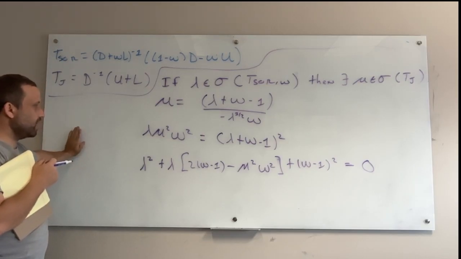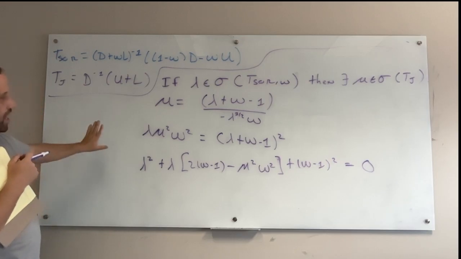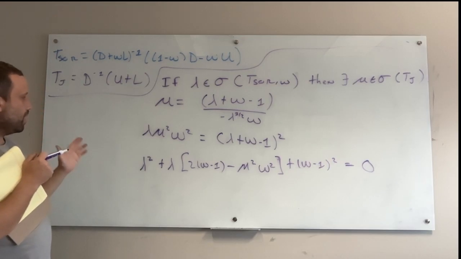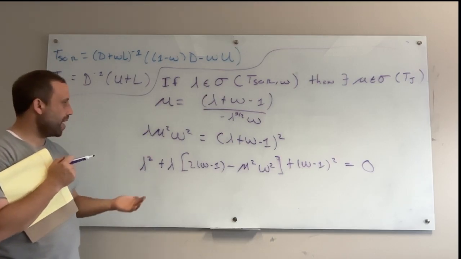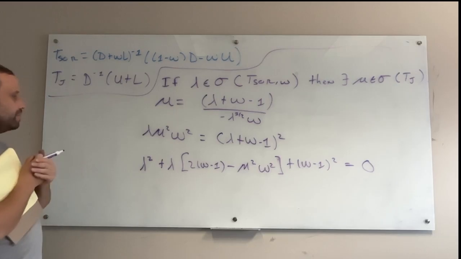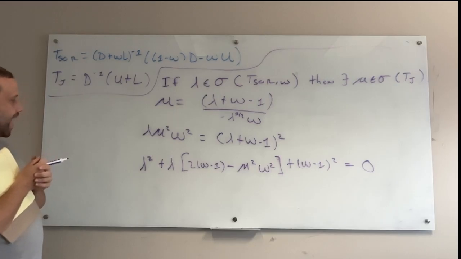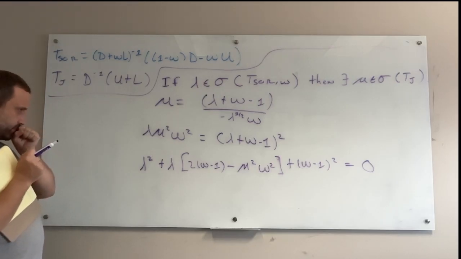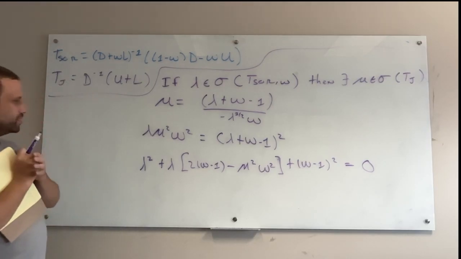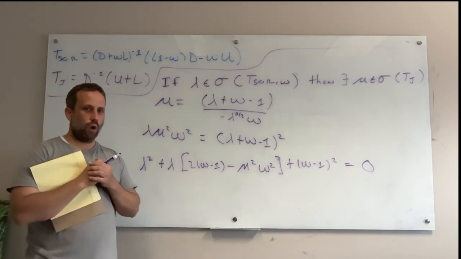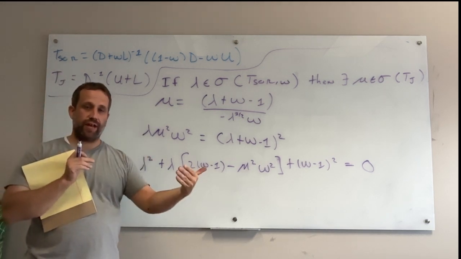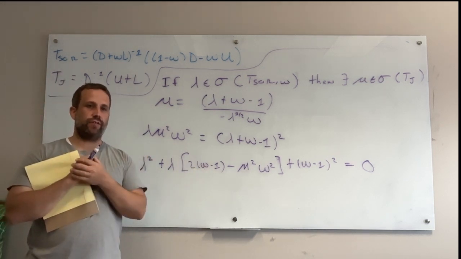So what we have here is, again, a quadratic in lambda. We can see it as a quadratic in omega or a quadratic in mu if we wanted to, but it's a quadratic in lambda. And notice that as mu increases in absolute value, especially if you think about omega as being greater than 1 here. For omega greater than 1, that's how we speed up the iteration. For omega less than 1, that's how we slow down the iteration.